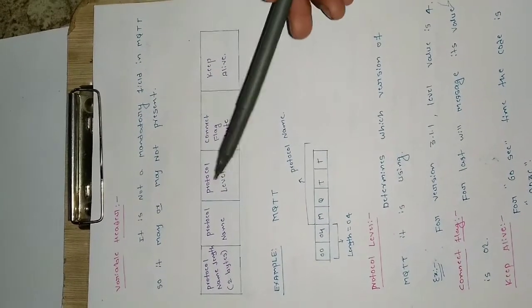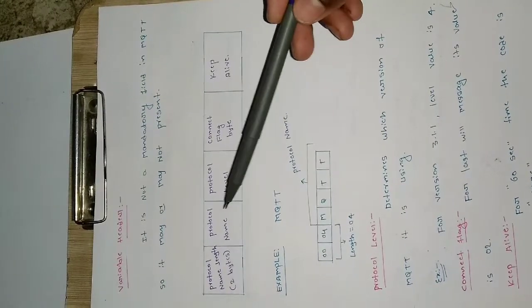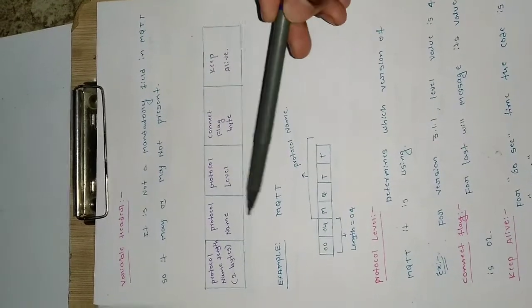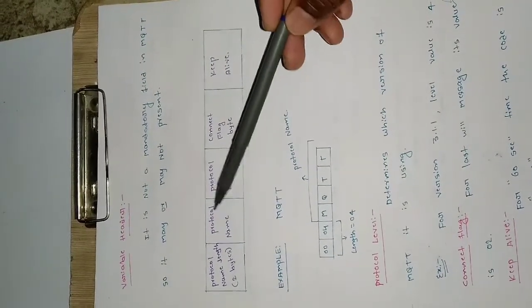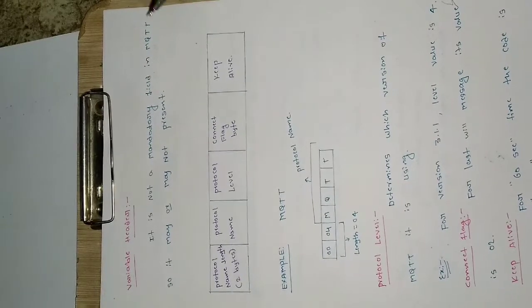First, it contains the protocol name length, which is 2 bytes, followed by the protocol name. How long the protocol name is, is indicated by the number in the protocol name length.